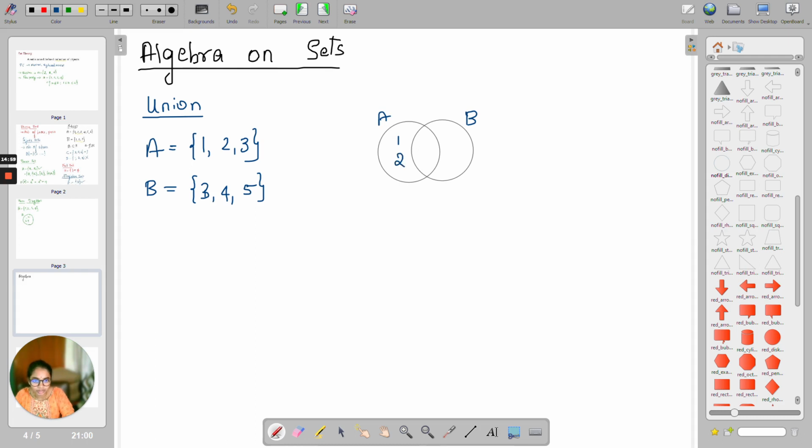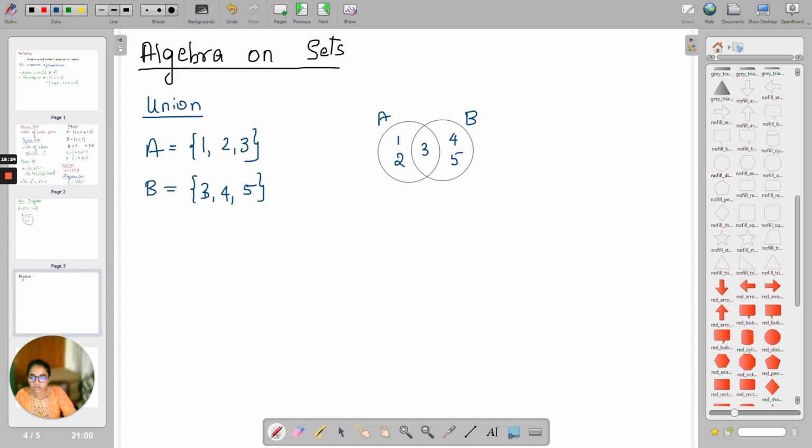You see this part, it represents the intersection, right? Because this is A and this is B. Both of these are intersecting, right? So if I write 3 over here, 3 belongs to the set A and the set B, right? So I'll write the remaining terms, that is 4 and 5 over here.